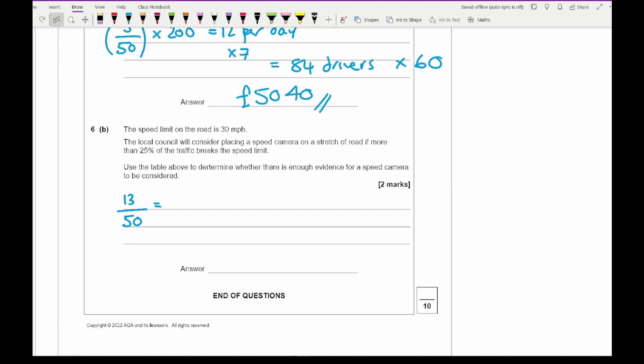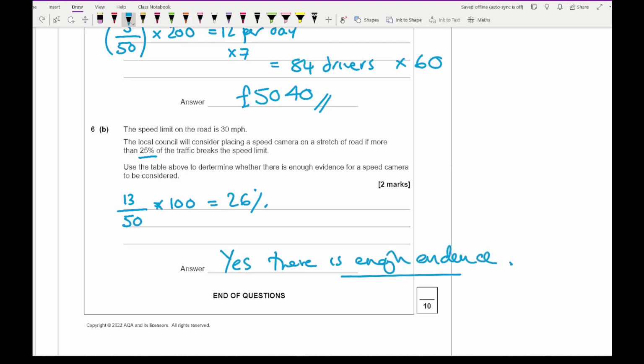And if we convert that into a percentage, so we times that by 100, that's going to give me 26%. So is that more than 25%? So the answer then is yes. So yes, there is enough evidence. And there we go.